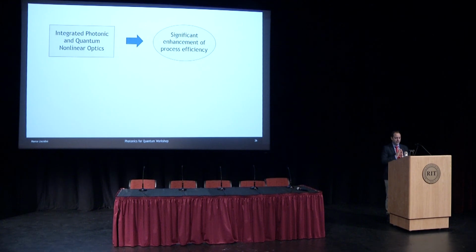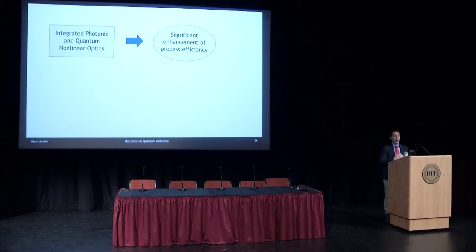The important point is that we can have a significant enhancement of the process efficiency. We are talking about 10 to the 10, 10 to the 12 times the generation in a bulk system. This is not important for Chi2 processes, which work very well in bulk systems, but for Chi3 it is extremely important.